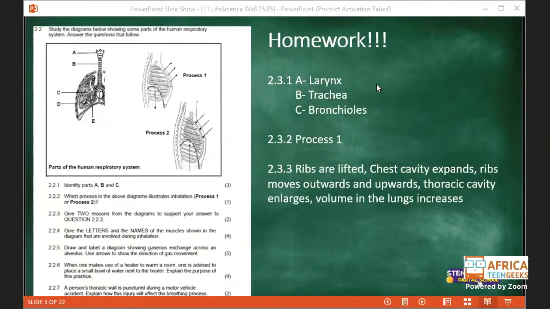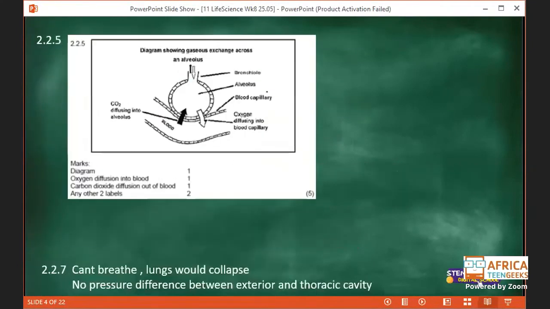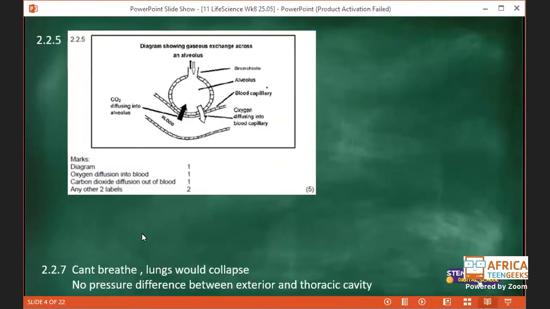So that is just our answer, which is D, the intercostal muscles, and E, the diaphragm. Wow, I already gave you guys the answer for the next question. Oh well. Here is the picture that you guys are supposed to draw.